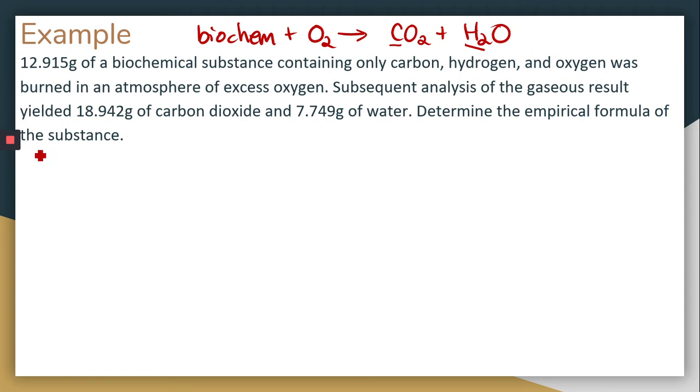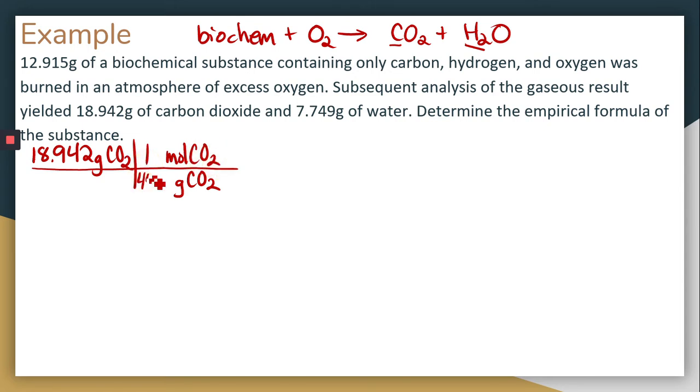So the first thing we want to do is take our grams of carbon dioxide and find out how many moles of carbon we would have. So we would bring down grams of carbon dioxide. We're converting that to moles. So 1 mole and then the molar mass. So grams would cancel.